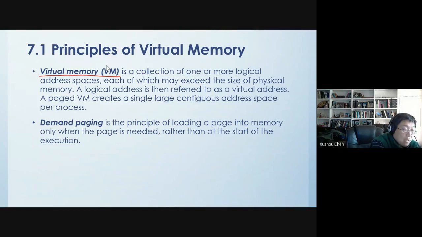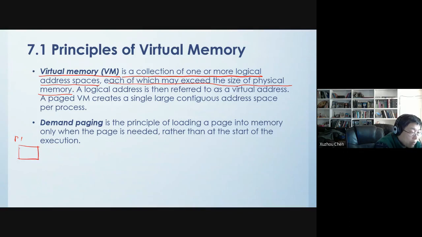And then once I reserve the space, I can put the virtual memory in the back store, like a hard disk. Now, the virtual memory is typically a collection of one or more logical address spaces, each of which may exceed the size of physical memory. So let's say I have a couple of programs.